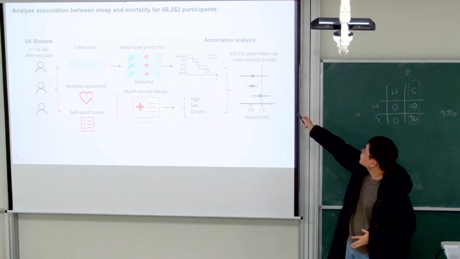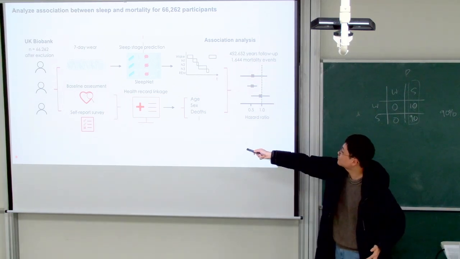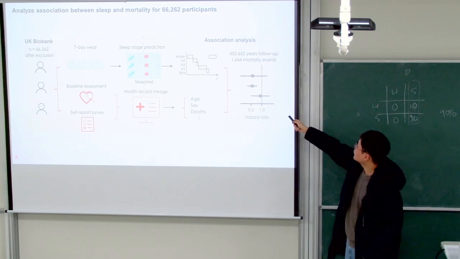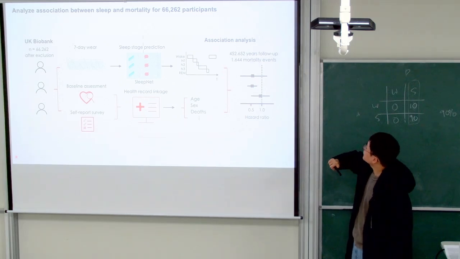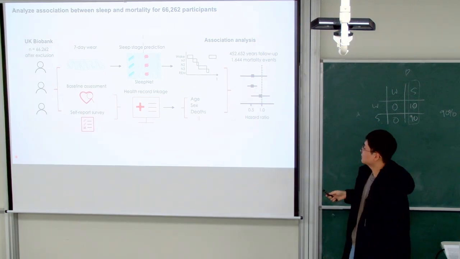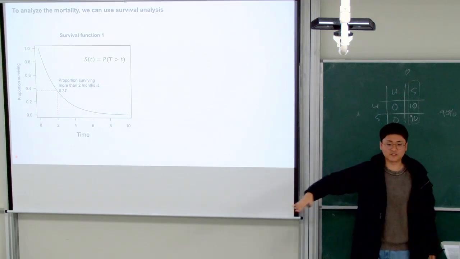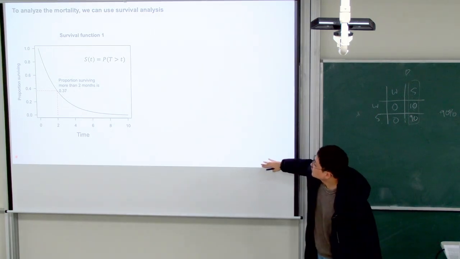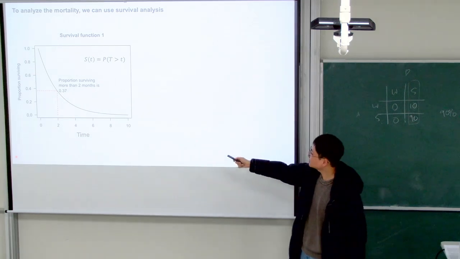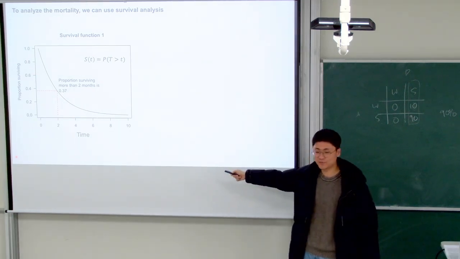They analyzed this period for the whole population, and during the whole tracking, they observed only 1,600 deaths. With this data, maybe we can plot the survival function, which represents what proportion of people are alive at this time point.